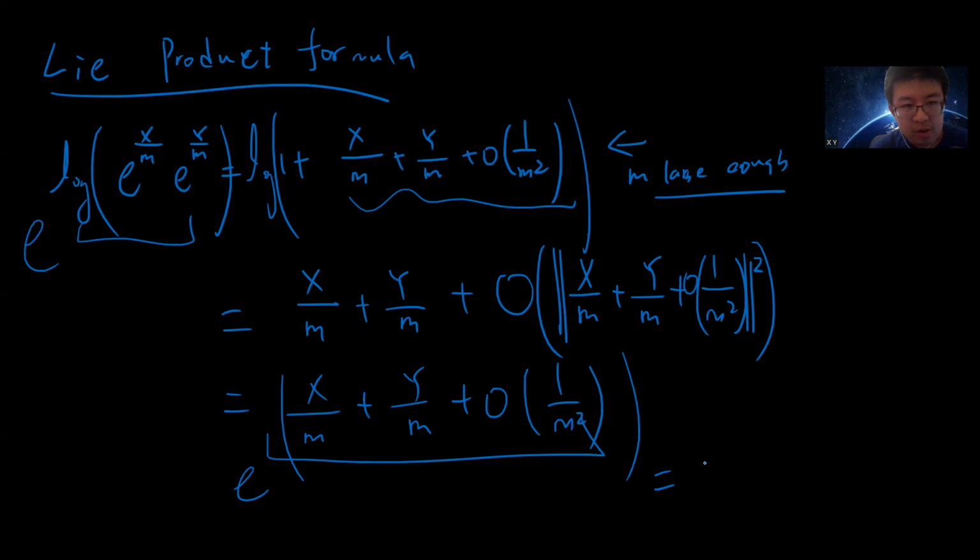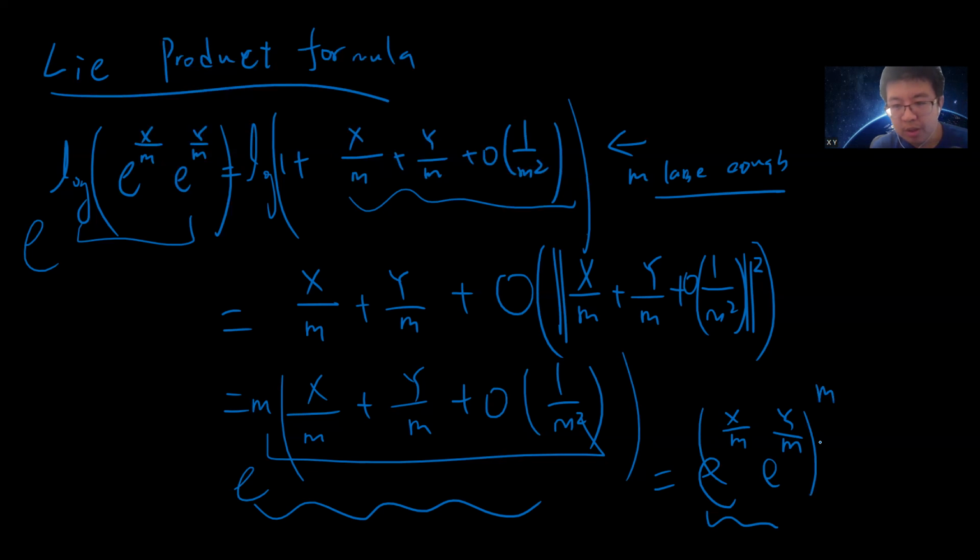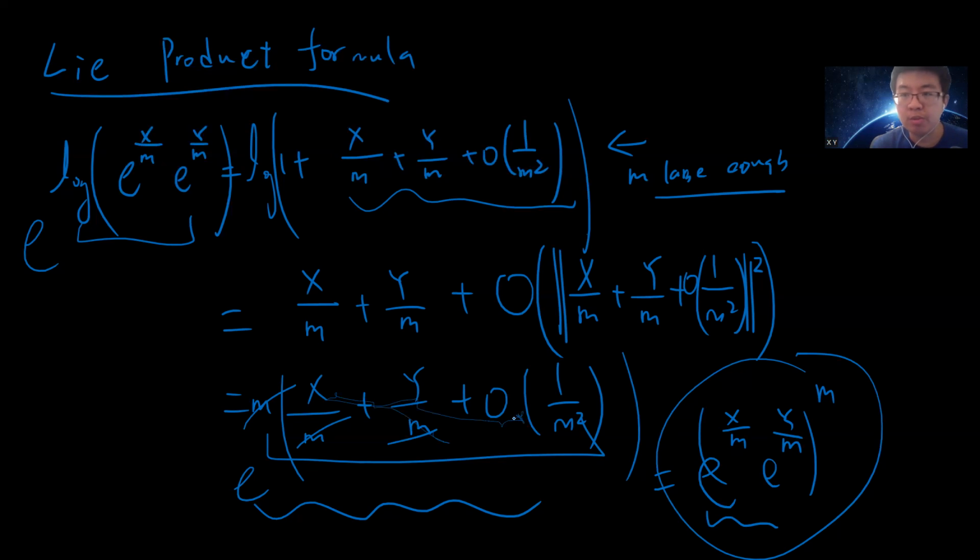So we have this equals to this plus 1 over m squared. Then we take the power m, and m goes to infinity. When m goes to infinity, this becomes the left hand side, and this cancels. This becomes X plus Y plus O of 1 over m, and then m goes to infinity. We prove the result.